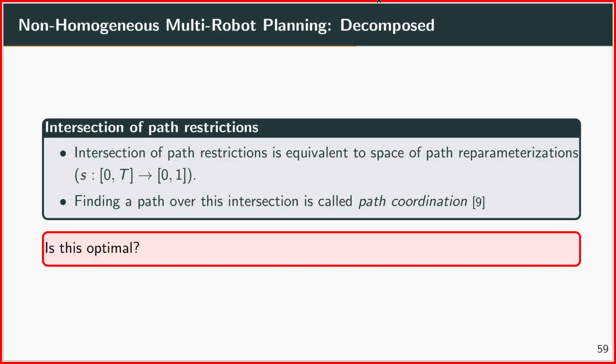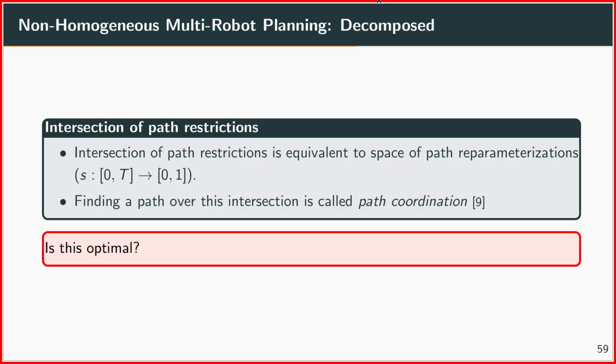So if you basically just move backwards and forwards on a path, this is very similar to what you do with planning on this path restriction. And if you actually search for a path over this intersection, then this is also something which is called path coordination, because you have basically multiple paths and you want to coordinate how fast and in what manner each of the robots is actually executing the paths, and this is basically a coordination on those paths.